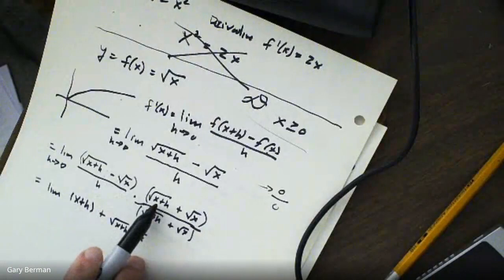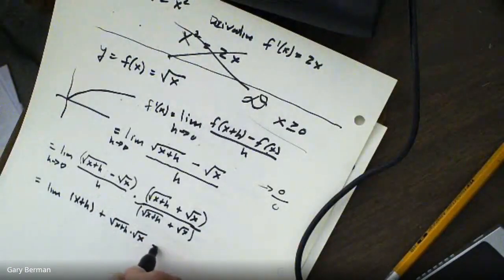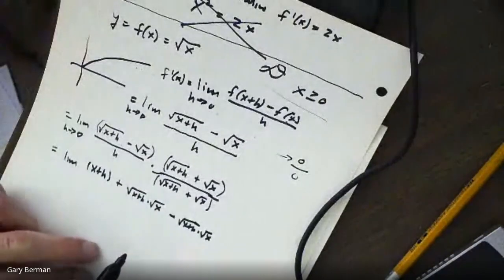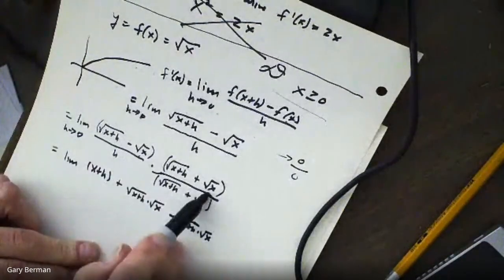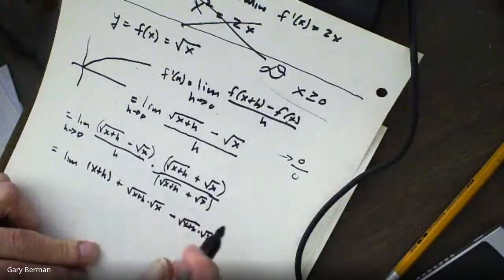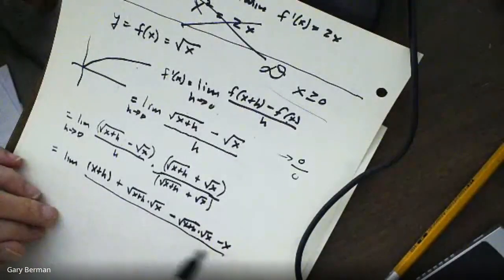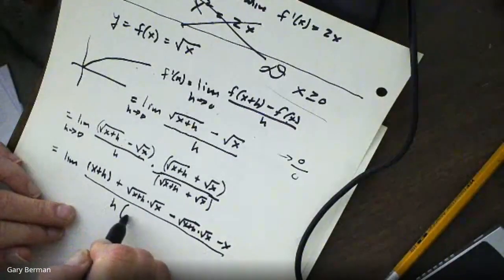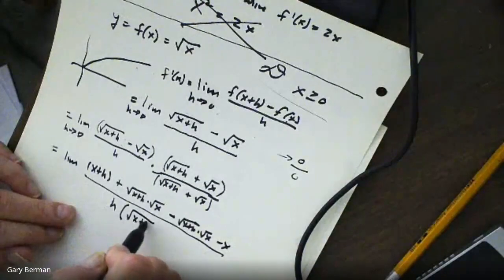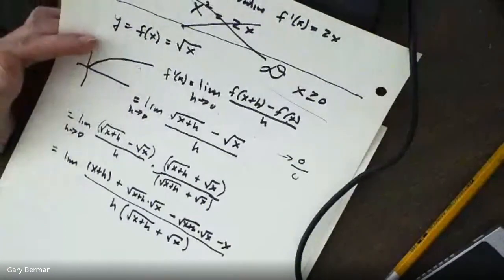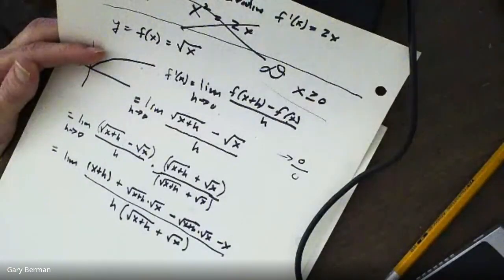Minus root x times root x plus h gives us minus root x plus h times root x. And root x times root x is x, but it's got a minus sign, right? So it's minus x. And here's an important hint again. I mentioned this before. Don't multiply out the bottom at this stage of the game. Just leave it for now. Okay?